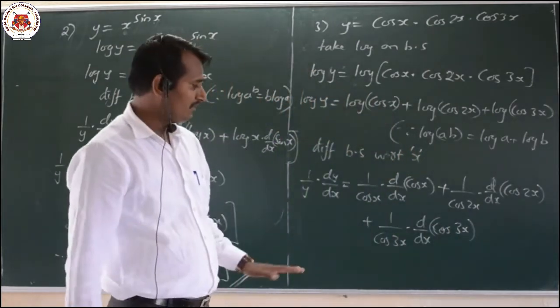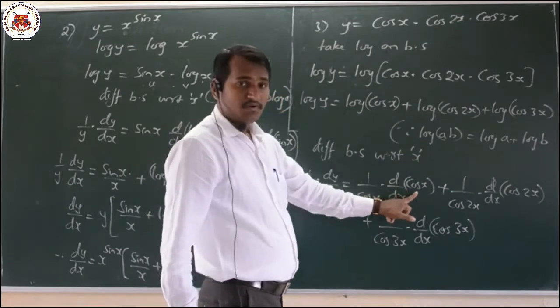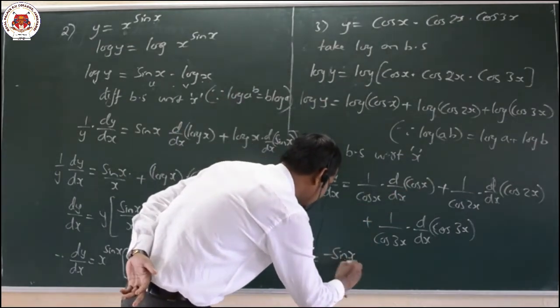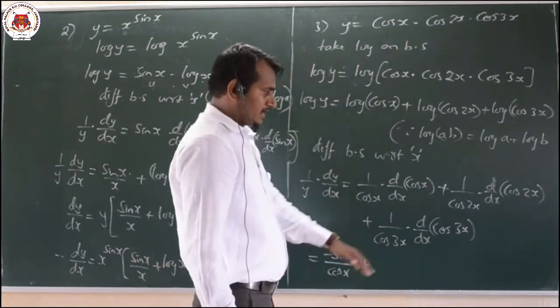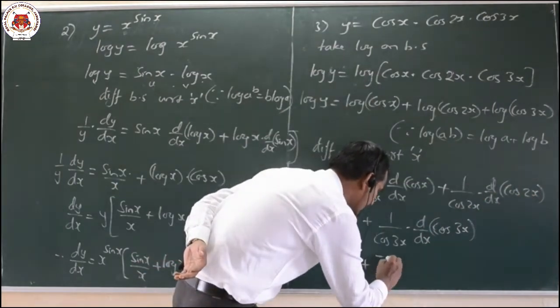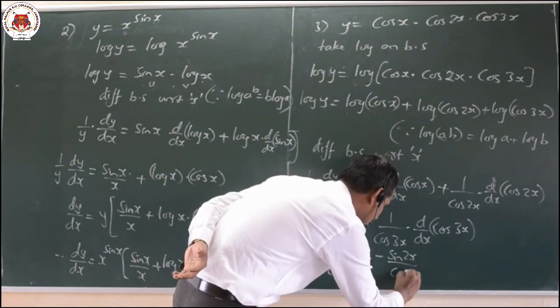Now here is a very simple thing. Now further we have to differentiate. So d by dx of cos x is minus sin x divided by cos x, plus next one, cos 2x differentiation is minus sin 2x whole divided by cos 2x.